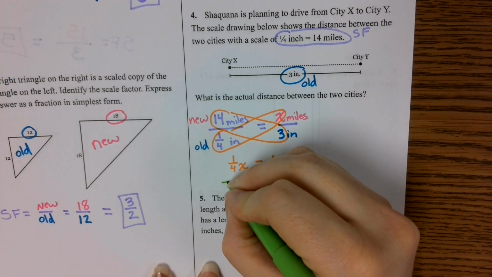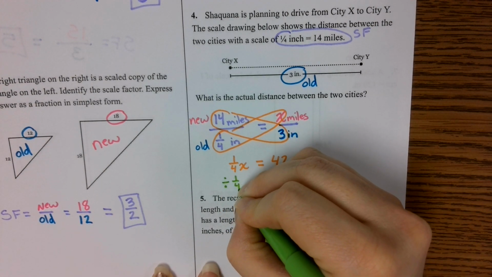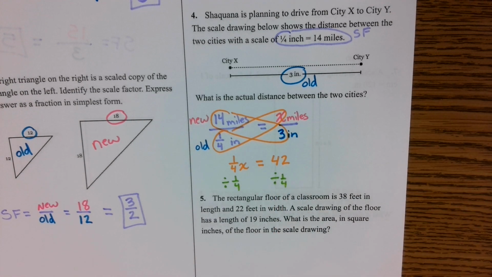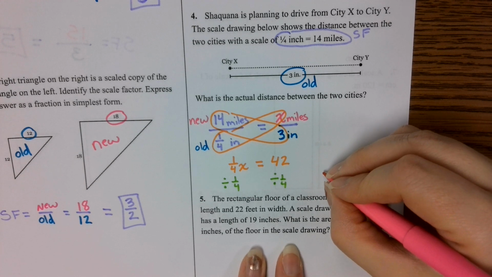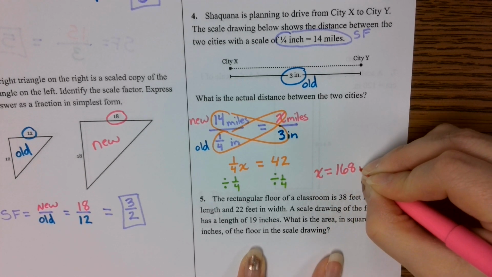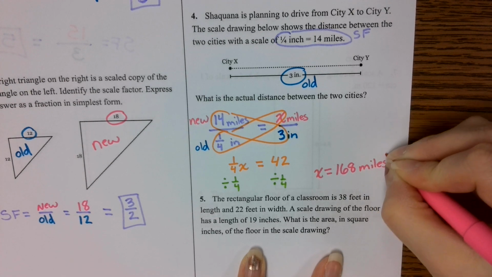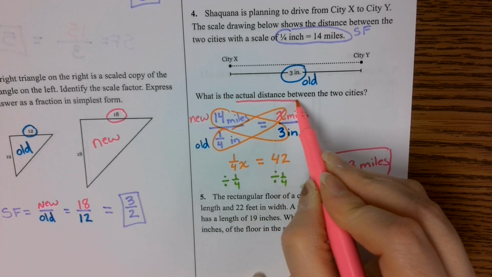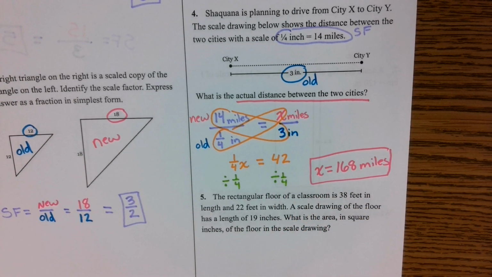We'll divide both sides by 1/4, and we'll get our actual distance. So x is going to represent 168 miles. And that's all the question was wanting. They wanted to know the actual distance between the two cities. So all I had to do in this situation was solve for x. They're not all going to be like that. Some of them go a little bit further.